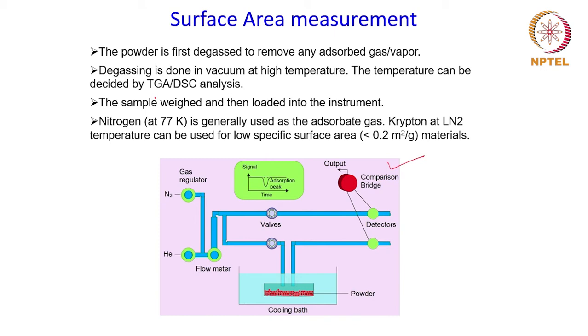TGA will simply give you the mass loss of a powder sample as you heat it. So it will show up to what temperature the mass loss is happening. That means all the adsorbed gas and the moisture is being removed.